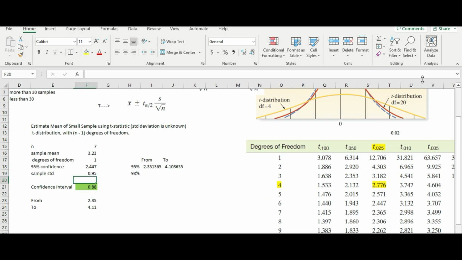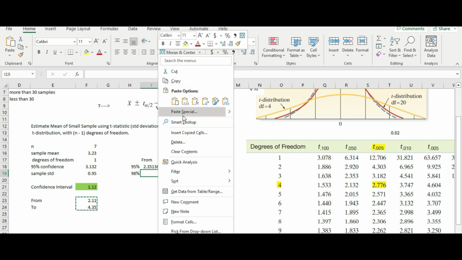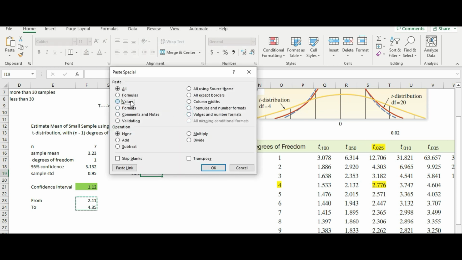The t-value for 6 degrees of freedom is 3.132, so we just change this value. Now the values have changed: it becomes 2.11 to 4.35.